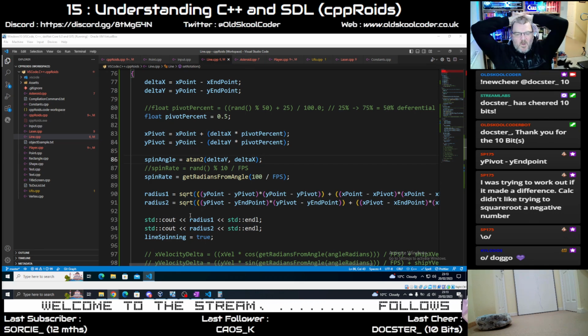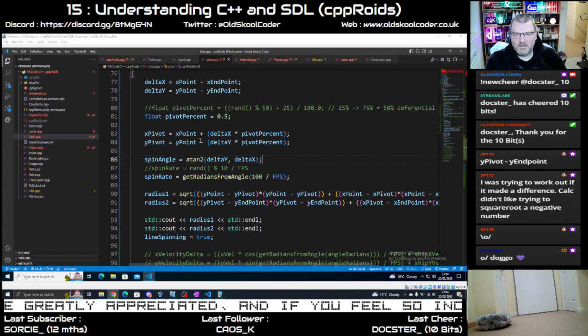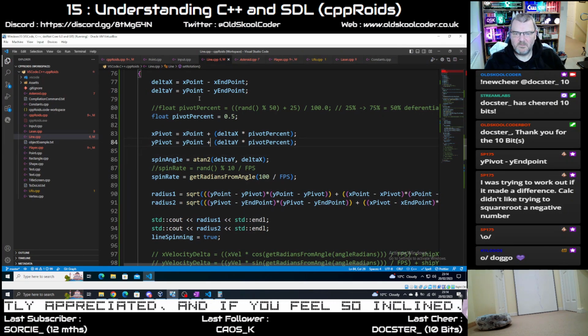Right, so why are these radiuses not the same? If we're picking the midpoint, why are the radiuses not the same? I wonder if it's to do with that.